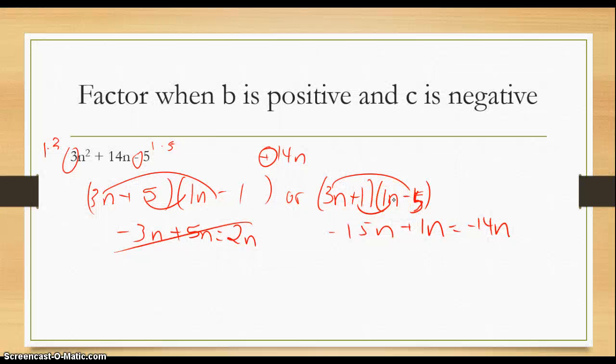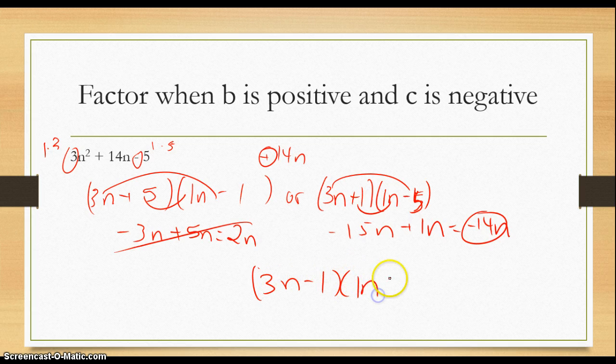So we know that we're given the right number, but the wrong sign. We need a positive 14n, and this is a negative 14n. So what you do is automatically just switch the signs. We got the number we wanted, but you need to make sure that it's the right value. So I want to choose this one, but I want to switch the signs.